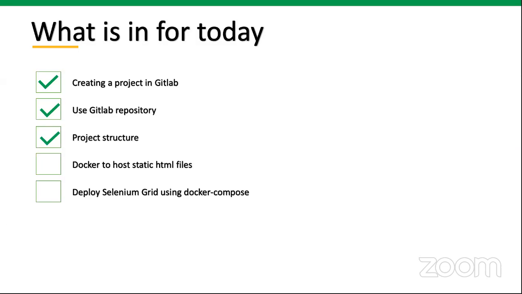We have seen how to create a basic Dockerfile and how to copy the HTML files or the required source files to an Nginx image. And finally, we have used Docker Compose to bring together all the required services and to host the application and the Selenium grid and the hub. So that's what we have done so far.